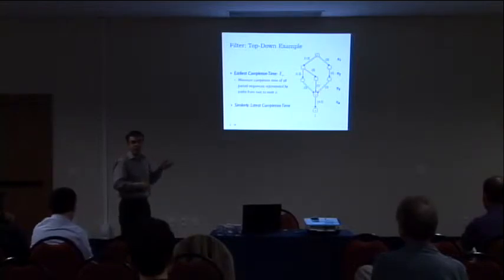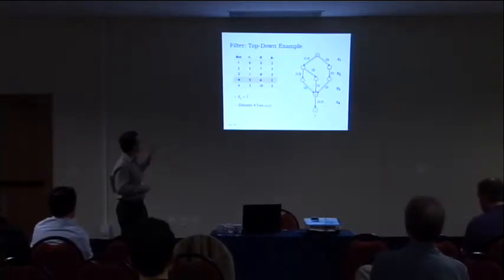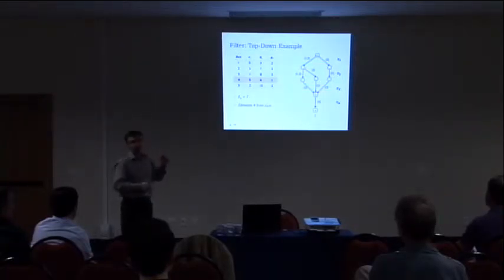And how can you use this information? Well, if you have a scheduling instance, and you know that, for example, the minimum completion time of U is 7, and the deadline of 4 is 6, then you can already eliminate 4 from the domain of UV. Okay, so this is another type of filtering that takes advantage of this top-down information.